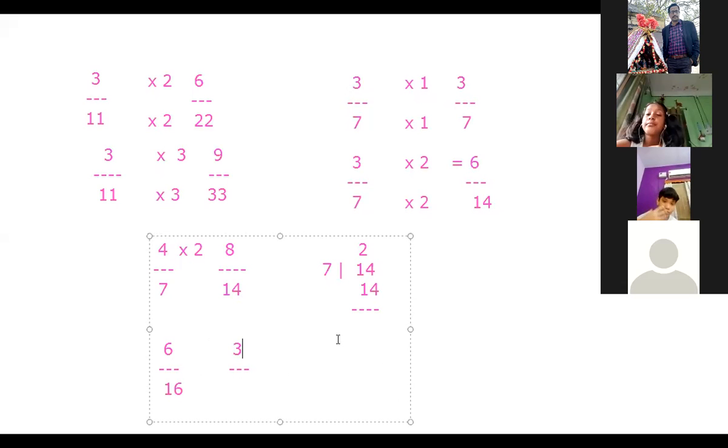Now what we have to do here is divide 6 by 3. When we do this, what quotient do we get? We get the quotient 2. 2 threes are 6.